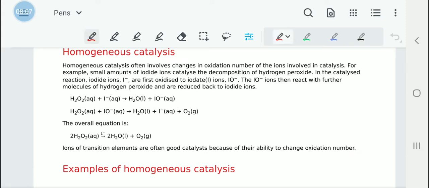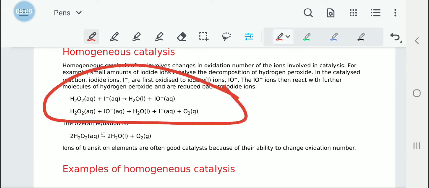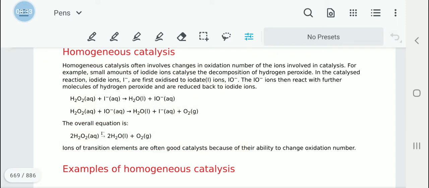And write these two equations. The overall reaction is 2H2O2 aqueous giving 2H2O liquid plus oxygen gas, and it is in the presence of iodide. Iodide is the catalyst, and it is not involved in the final product formation.